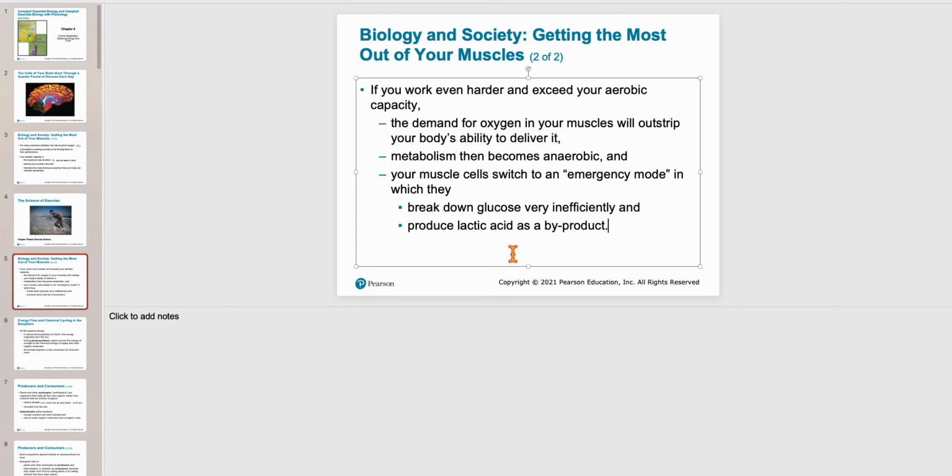When someone says they exercised overly and they're really exhausted, and now when they run they have a lot of muscle pain, that muscle pain is coming from the lactic acid. It's that ache you get if you are not properly exercising, not properly breathing. So lactic acid takes about 48 hours for the liver to process.